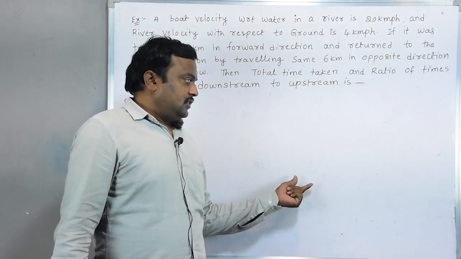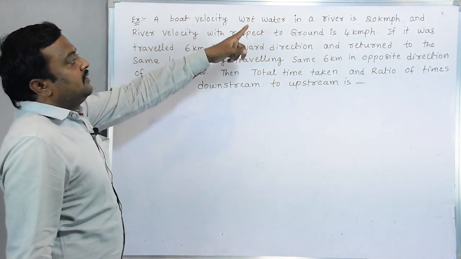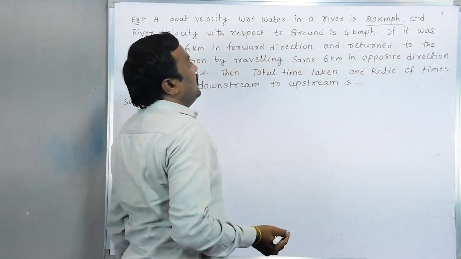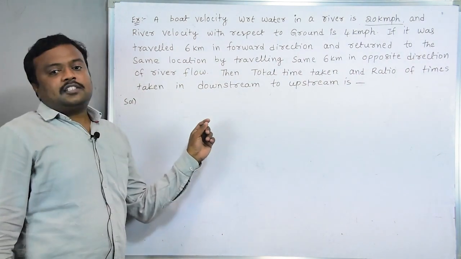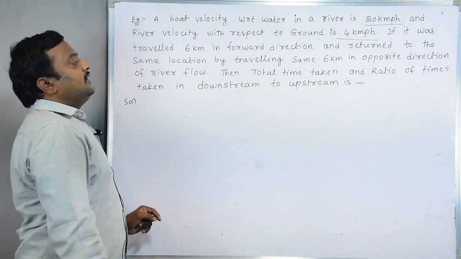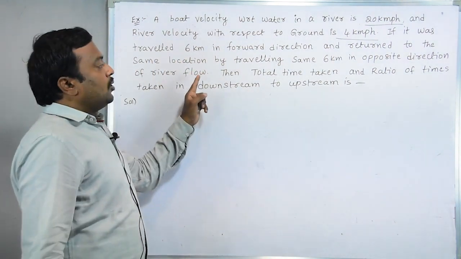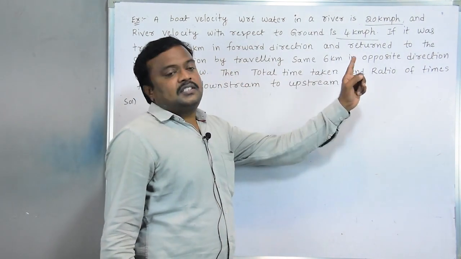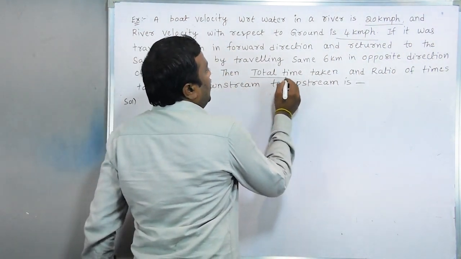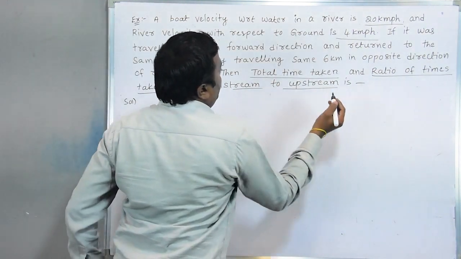Right. Now, an example related to the previous derivations. A boat's velocity with respect to water in a river is 20 kmph and the river velocity with respect to ground is 4 kmph. If it travelled 6 km in the forward direction and returned to the same location by travelling the same 6 km in the opposite direction of river flow, then find the total time taken and the ratio of times taken in downstream to upstream.